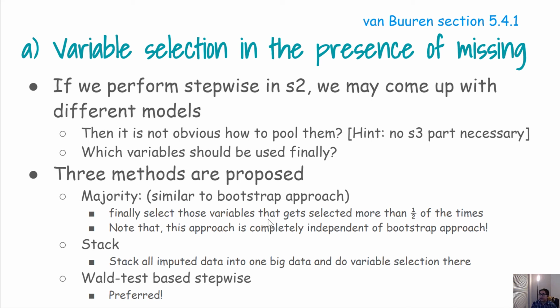And then if you find some of the variables were selected more than 50% of the times, then you make a subset of them, and one interpretation of that could be that those variables that are selected 50% of the times are useful variables, and that is the majority approach.